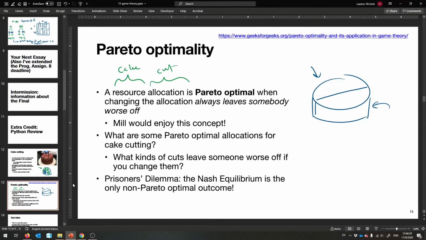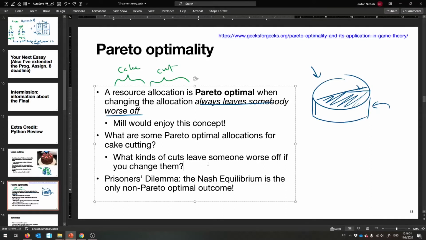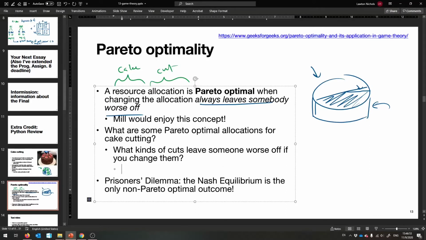Well, if you were to change the way you cut this cake, like maybe you gave this sliver to one side, like you moved this one over there, and so now there's a slightly less amount of cake for somebody. Ooh, that left somebody worse off. You see that? It's going to leave you worse off because your sibling's going to pick the bigger half, but nonetheless, it left somebody worse off. So the optimal one, the cut straight down the middle, cutting the cake in half, is Pareto Optimal.